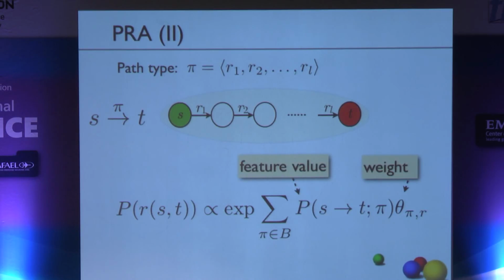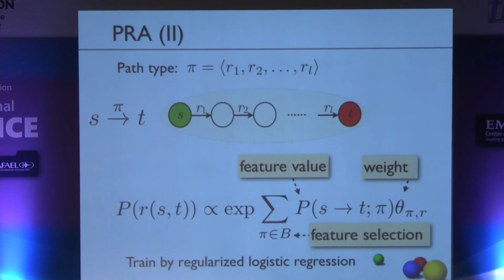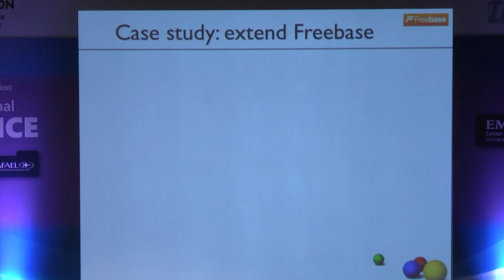So you have these weights, you have these feature values, and in some cases you do need feature selection, and you train this by regularized logistic regression.